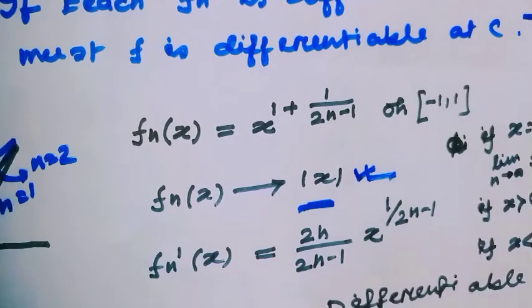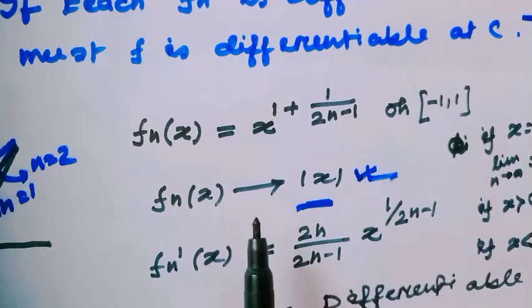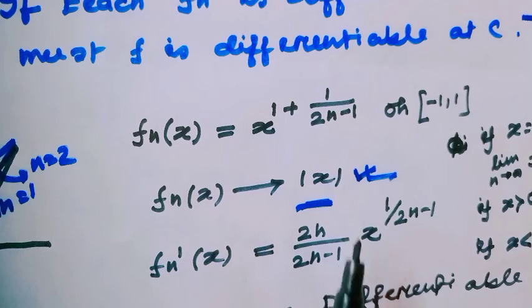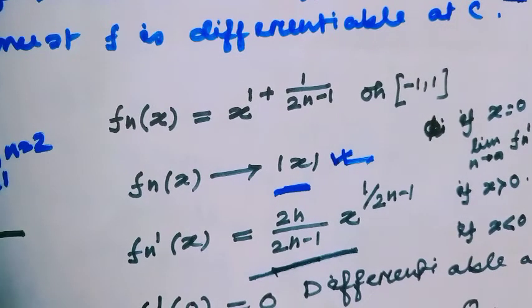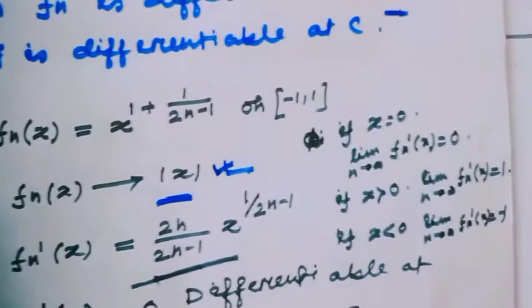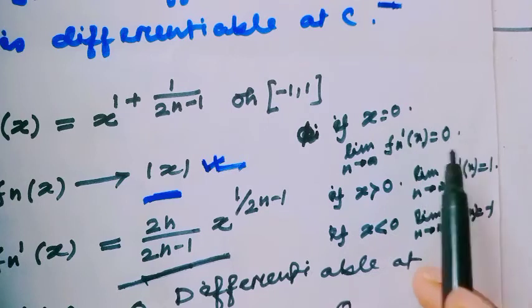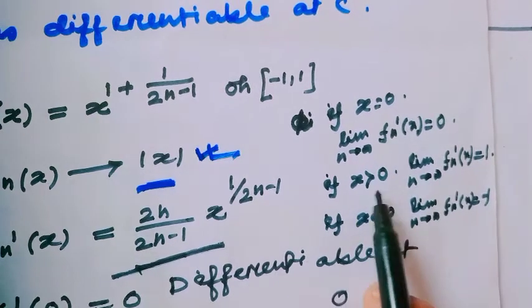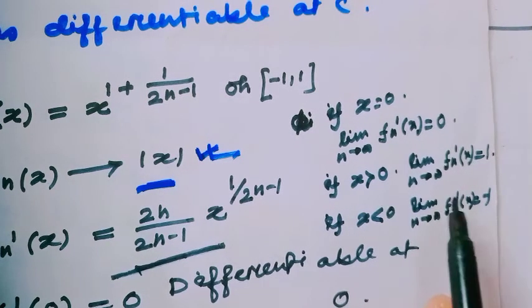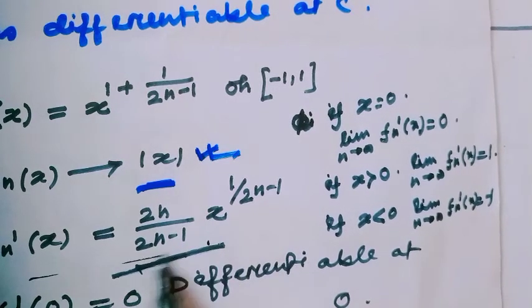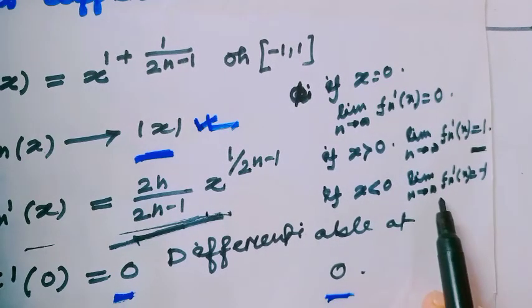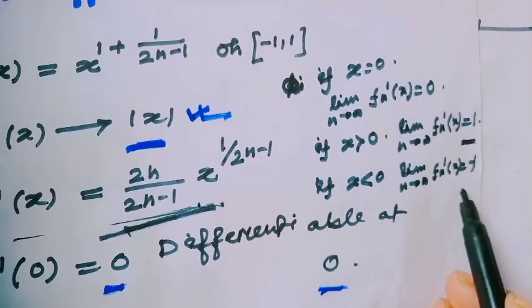Now see, recall our earlier function. In this function, Fn(x) converges pointwise to the mod x function, but this convergence is not uniform, because here Fn dash is equal to this, and if you take the limit: if x equals 0, then the limit as n tends to infinity of Fn dash x equals 0; when x is greater than 0, the limit equals 1; and if x is less than 0, the limit equals minus 1.